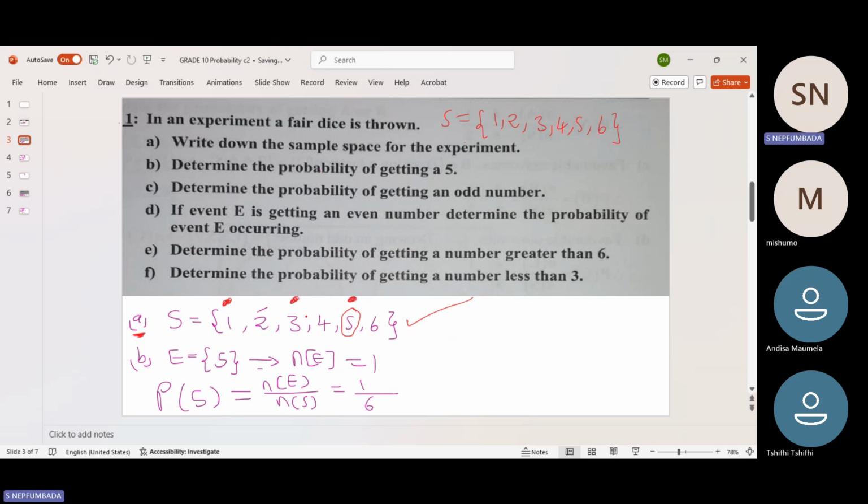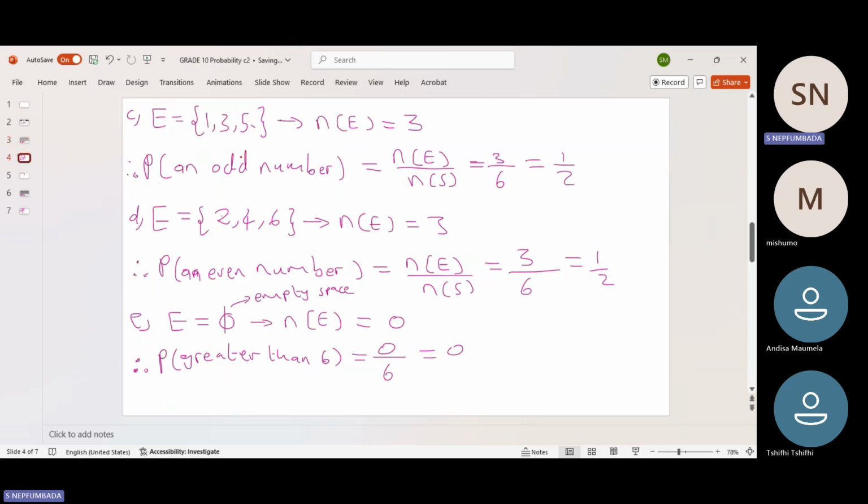It means we have 3 choices out of 6. The probability of an odd number equals the number of events divided by the number of the sample space, where the number of events is 3 and the number of the sample space is 6. When you press your calculator, you get 1/2.